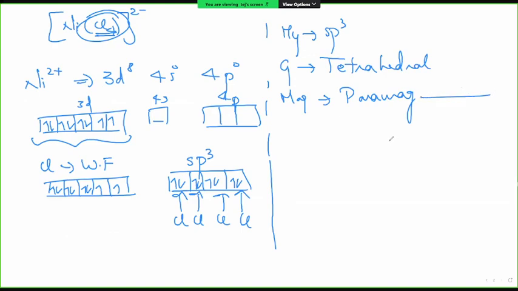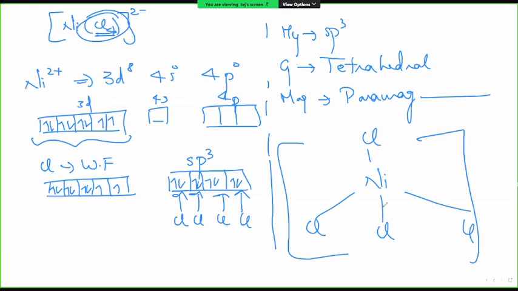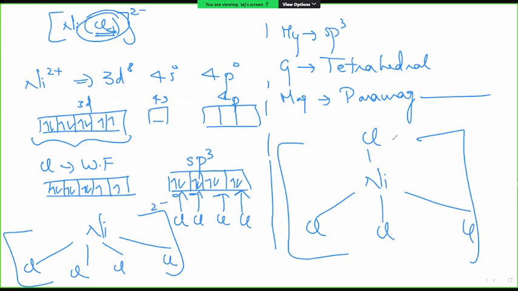Now, how do you draw? Central metal atom is nickel, 1 Cl at the top, 3 at the bottom. Now, this is one. This also is acceptable. Ni, 1, 2, 3, 4. Actually, this only is right. Whatever is fine with your college, you follow that. 2 minus.